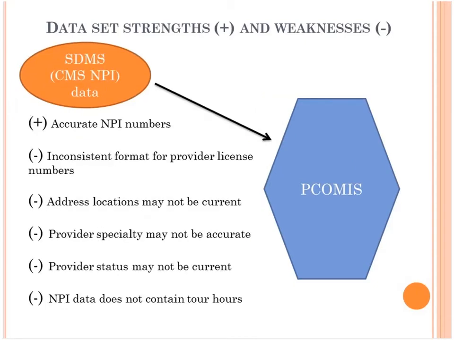With the SDMS data, the big Delta file, we got great NPI numbers, which was easy again to match as a unique identifier with our Medicaid data. Again, the biggest issue that we came up with to begin with was the provider license numbers.